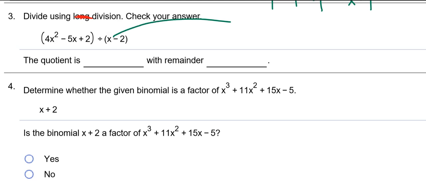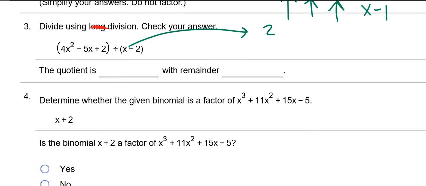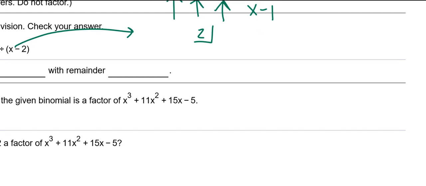Okay, so what's the 0 that we get from this? We get a 2. My coefficients are 4, negative 5, 2.